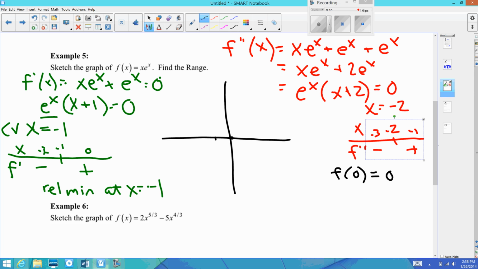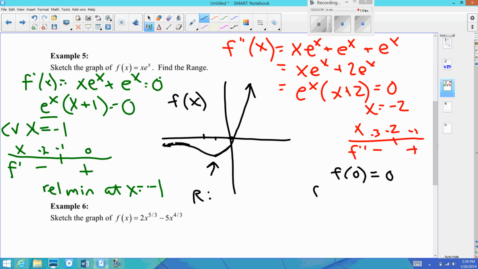At negative 1, we have a relative min. And so we're going from decreasing concave down to a relative min. And we start to get concave up at negative 2. Crossing through 0, and now it's increasing and concave up for the rest of the graph. So that's a pretty good estimation. If we're going to find the range, the lowest value happened to be right there.